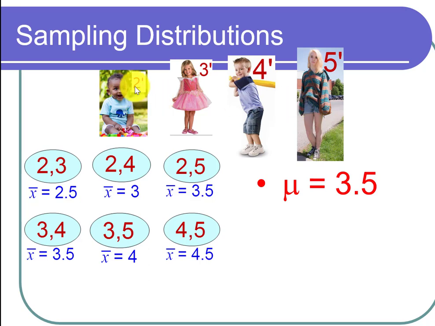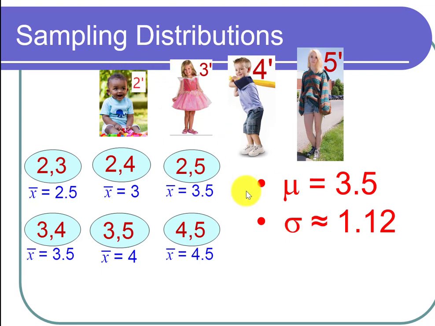I could also take the standard deviation of 2, 3, 4, and 5, and I popped that in my calculator, and what I got was that sigma, the population standard deviation, is about equal to 1.12. So that is the population mean and the population standard deviation.